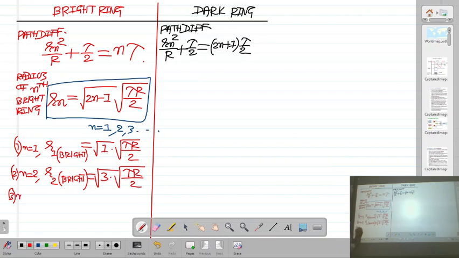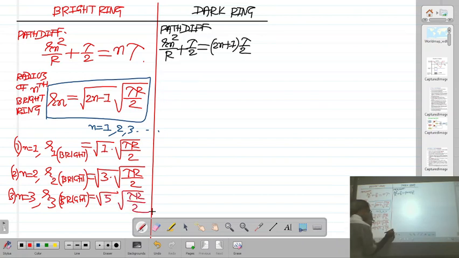And for n is equal to 3: the radius of the first bright ring is the square root of 1, the second is the square root of 3, and the radius of the third bright ring is the square root of 2 into 3, 6 minus 1, that is the square root of 5, into the square root of lambda R by 2.